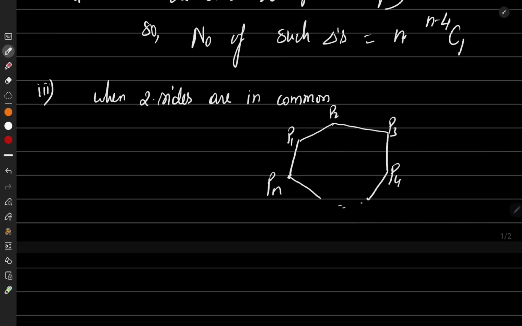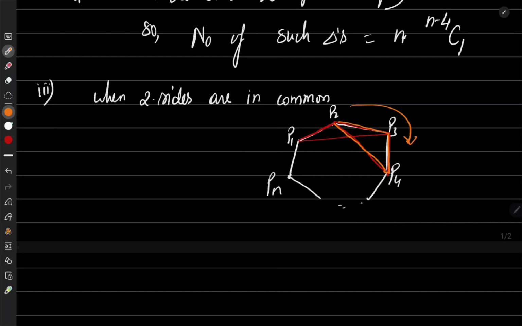So two sides common means take P1, P2, and P2, P3 in common, then this triangle is possible. Similarly, for P2, P3 and P3, P4, this triangle is possible. Keep in mind, we are shifting just one side, like this, in clockwise you are shifting, correct?